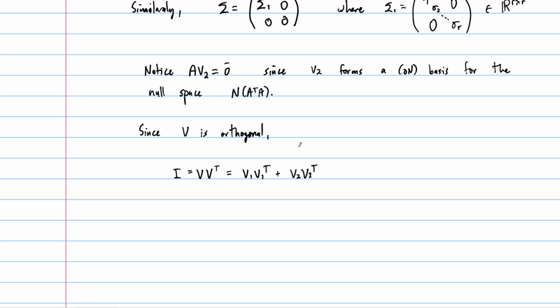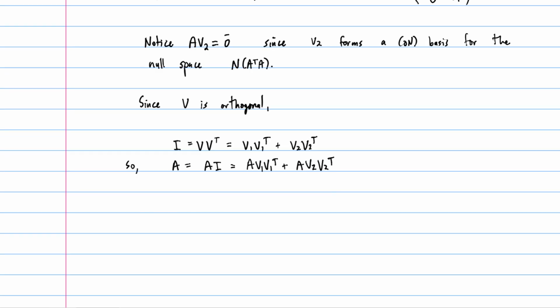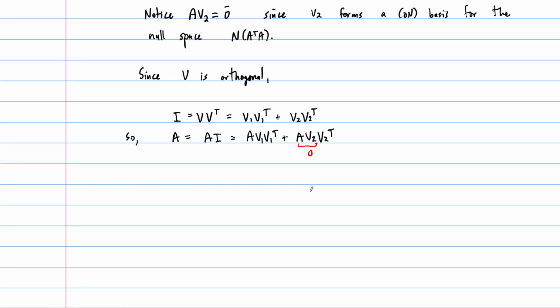And then what we can do is multiply this all by A and write the following. So A is equal to A times I, that's true, right? Which is equal to A times V1 V1 transpose plus A times V2 V2 transpose. But we just said that this portion is 0, and so what we have here is that A itself is equal to A V1 V1 transpose. All right.